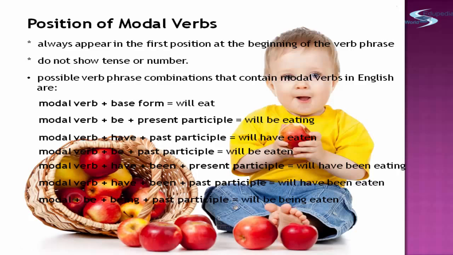The next combination could be modal plus be plus being plus past participle, an example of which is will be being eaten. And the last combination could be modal verb plus have plus been plus being plus past participle, an example of which is will have been being eaten.